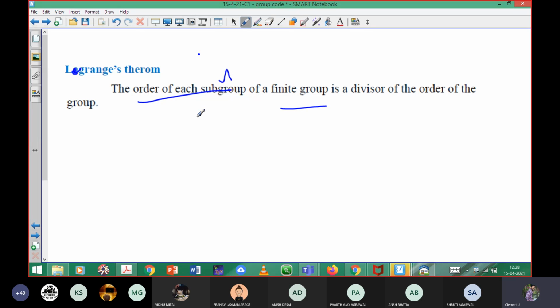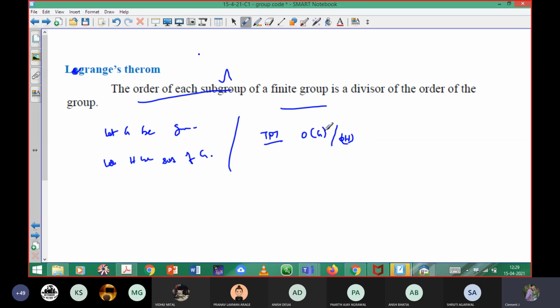First let me introduce it: let G be a group, and let H be a subgroup of G. After this, what they ask you to prove is that the order of the subgroup is a divisor of the order of the group. That means order of H divides order of G.